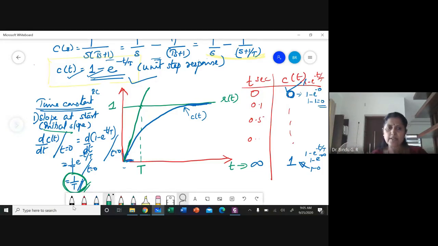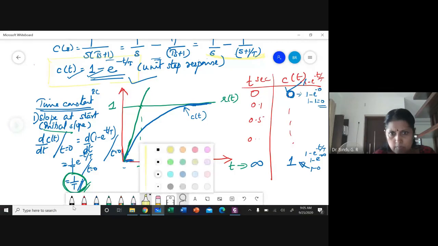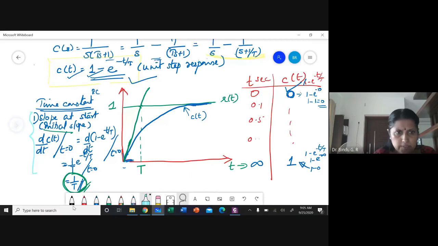All of you just write down and then I'll explain that once again. Time constant. You can write this initial slope. Just write these equations, whatever I have derived, and then draw this slope.